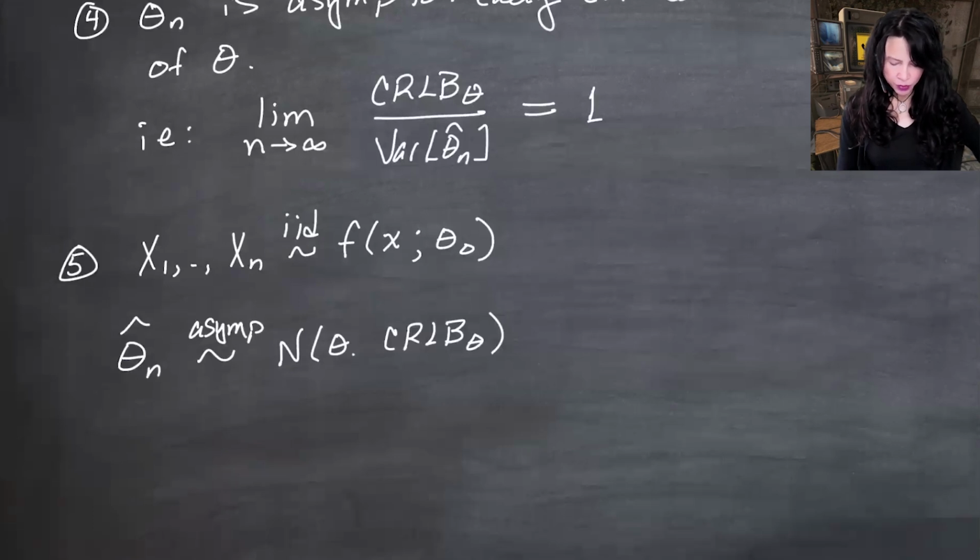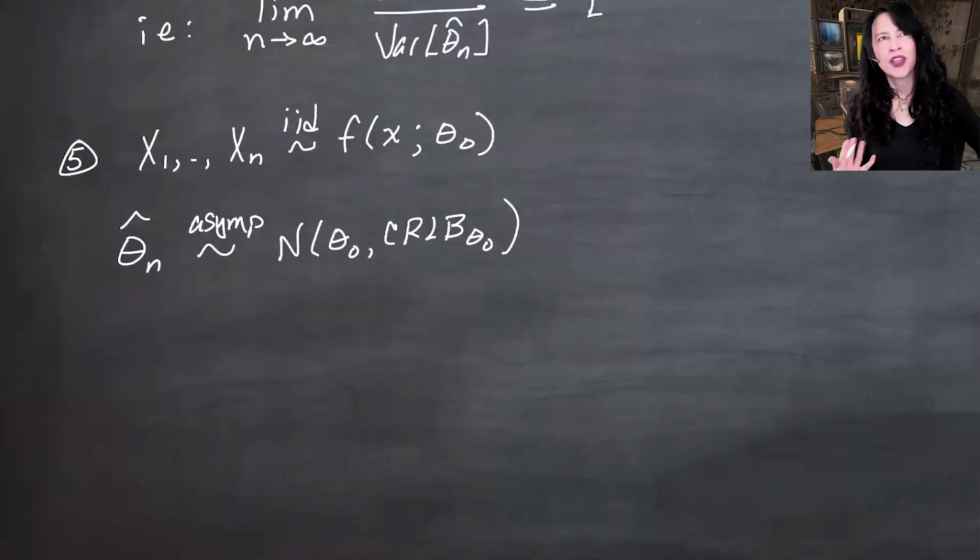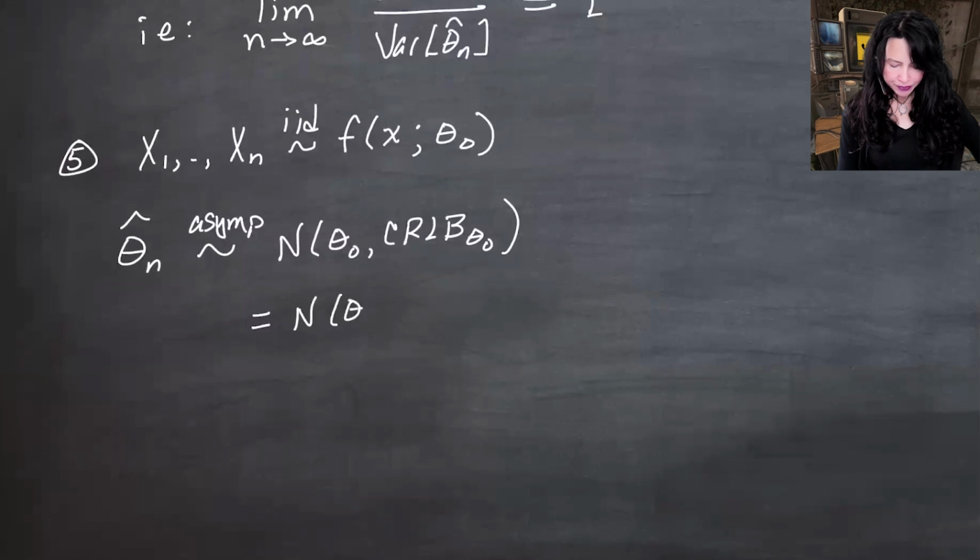This is going to be normal with asymptotic mean theta naught and asymptotic variance equal to the Cramér-Rao lower bound for the variance of all unbiased estimators of theta naught. Before proving this, let me make it a little more specific. The Cramér-Rao lower bound for the variance of all unbiased estimators, right?